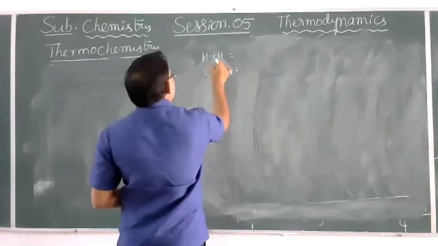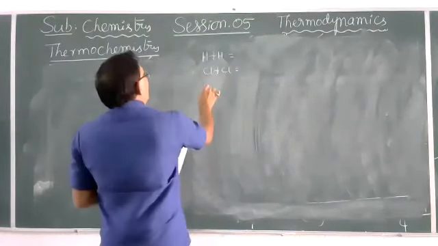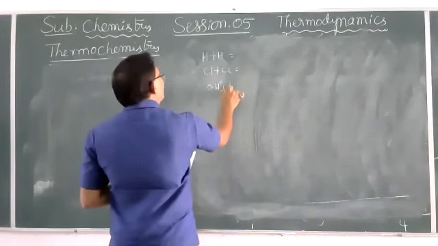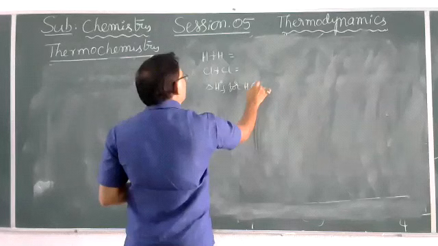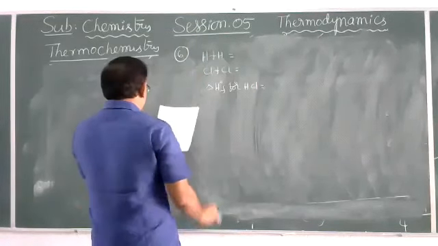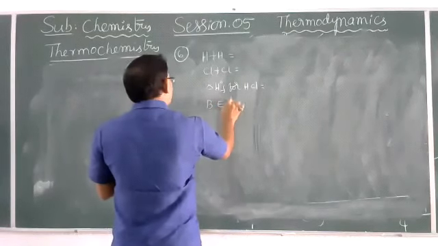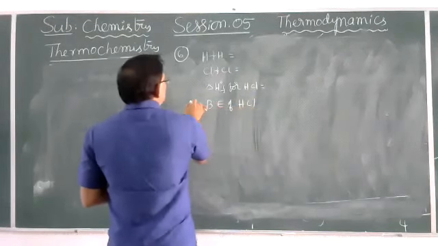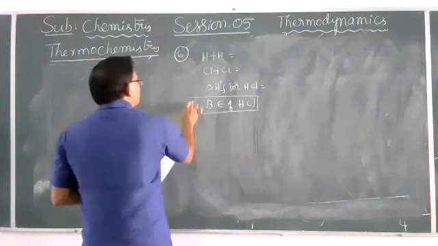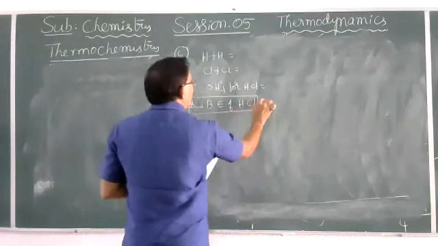To break the bond, some amount of energy is required. Also delta H naught F for HCl, the formation of HCl, is given. This is question number 6. Then calculate the bond energy of HCl. In question number 6, this statement is not given, just note this down. Then calculate the bond energy of hydrochloric acid.